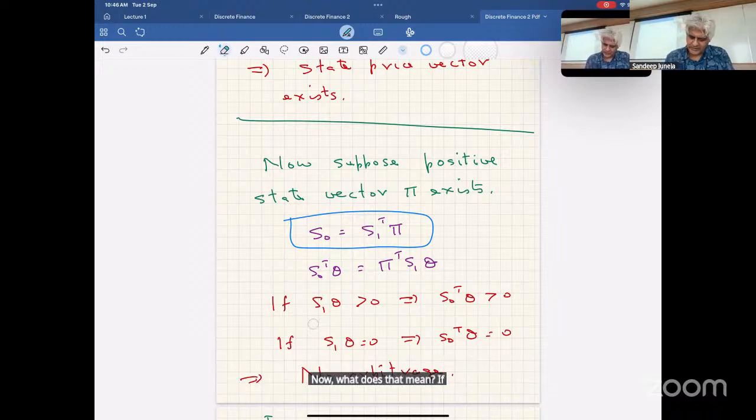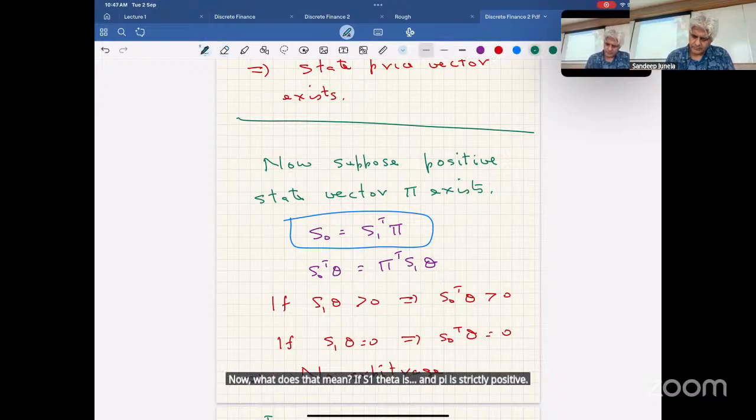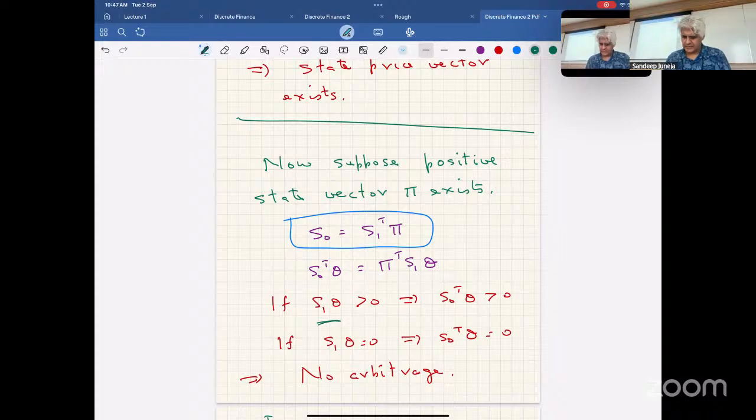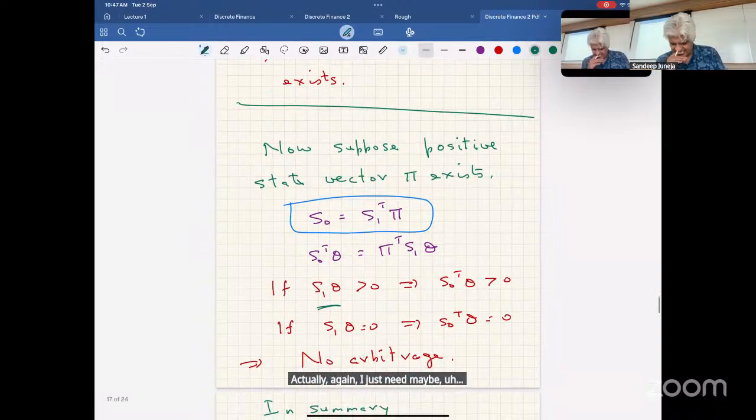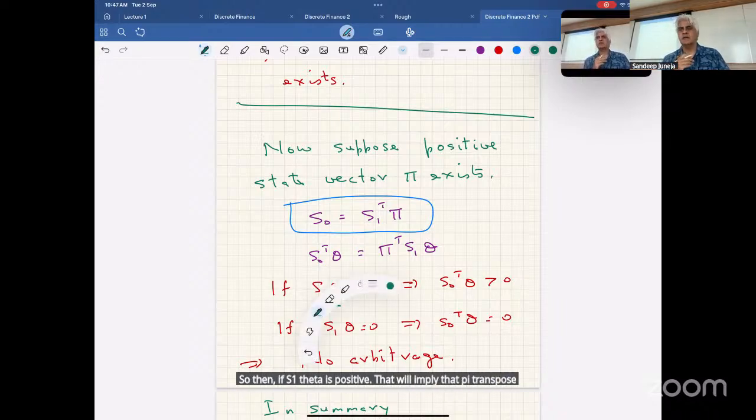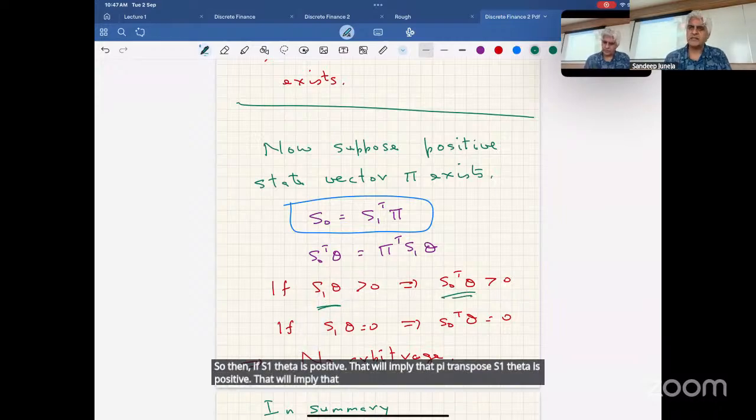Let's assume pi is strictly positive. Then if S1 theta is positive, that will imply that pi transpose S1 theta is positive, which will imply that S0 transpose theta is strictly positive.